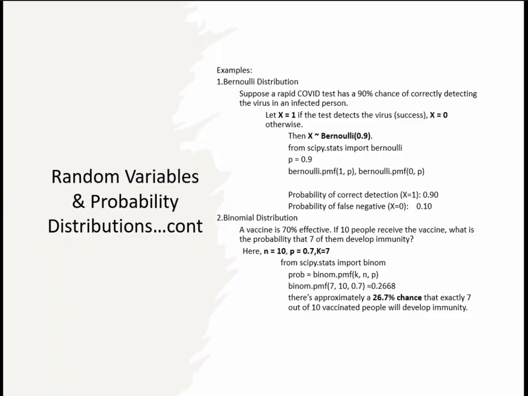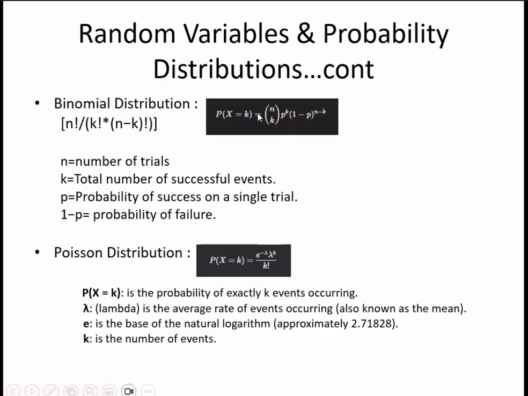Now, binomial distribution. I think I have a formula for all these. So this is the mathematical formula for getting the binomial distribution, but we are not going to be doing this.